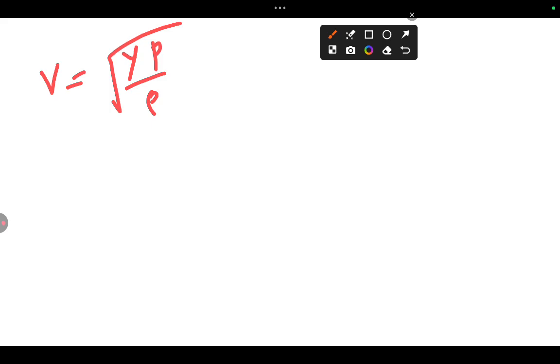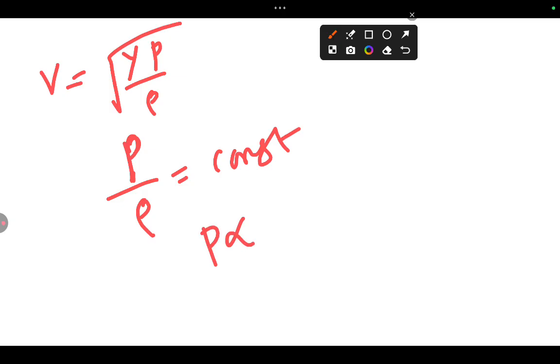Now we express this as gamma by, sorry, P by rho. P by rho we can consider as constant. So your answer is that P is proportional to rho. That's it.